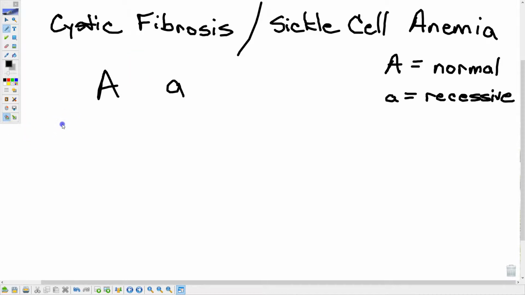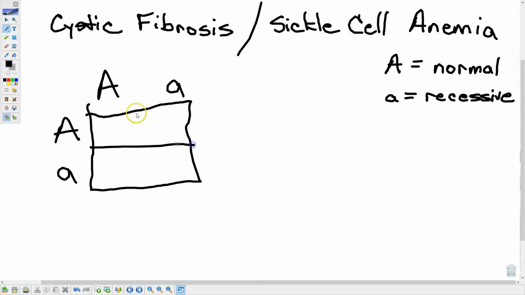Well, let's say dad is a carrier as well. You may hear your parents, grandparents talk about somebody being a carrier for something. That just means they have the gene, but they don't have the disease. See, this dominant normal allele is canceling it out. It's dominating over it. So these two people don't have cystic fibrosis, or these two people don't have sickle cell anemia.